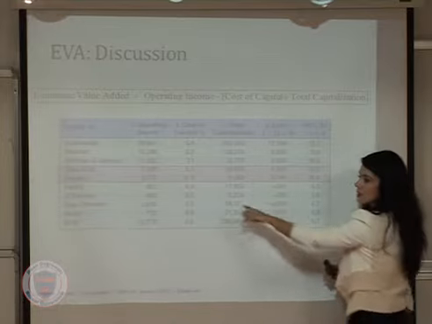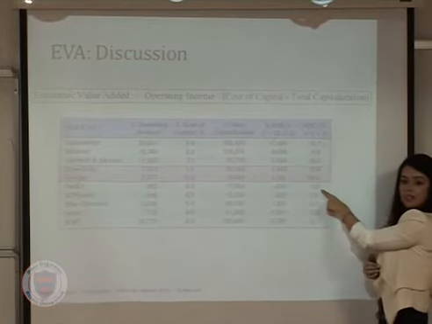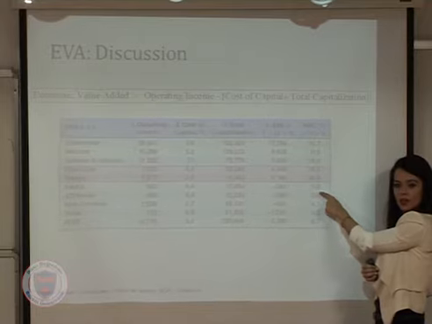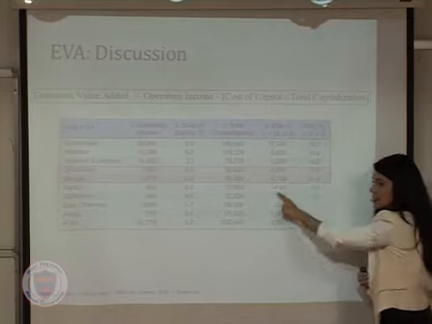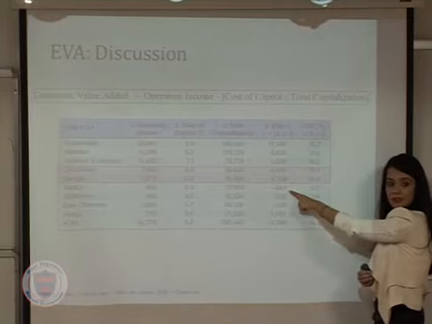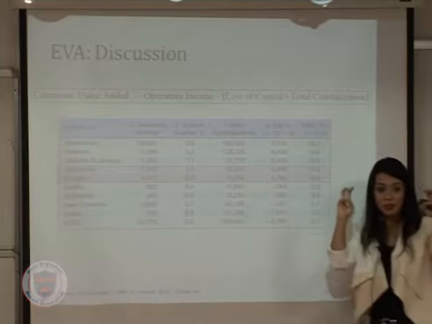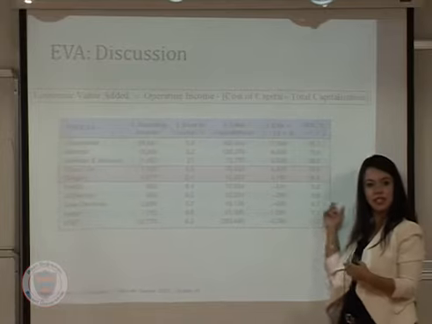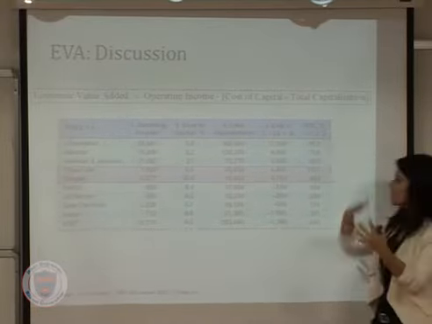For FedEx, people were expecting 6.4%. The company generated 5.3%. Is that a good thing? It's not a good thing. It's a bad thing. See, economic value added is negative. As you can see, the company's economic value added is negative when the company generates less return to investors compared to their cost of capital, or vice versa.